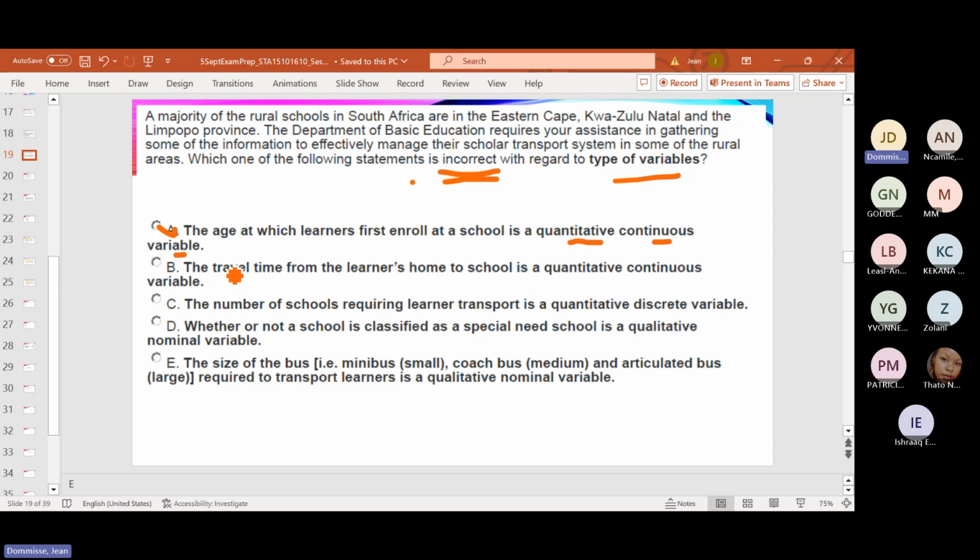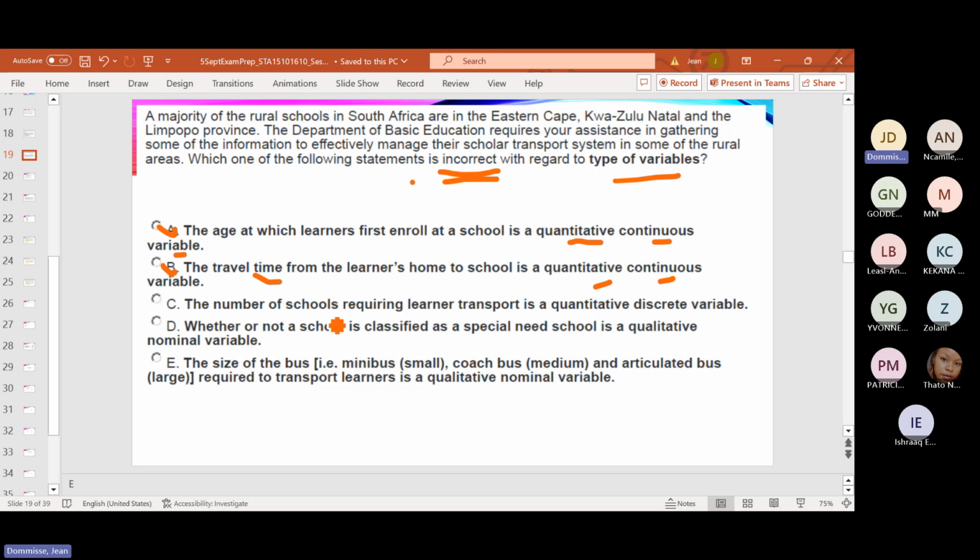The same should be for travel time. If I said to you travel time in hours, then we know it is discrete. But otherwise, travel time from a learner's home to school, quantitative continuous, is correct, because one child's travel time will be different from the other one, and how they report it might also be different.